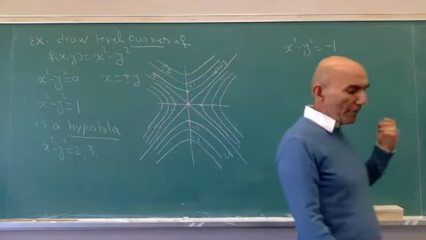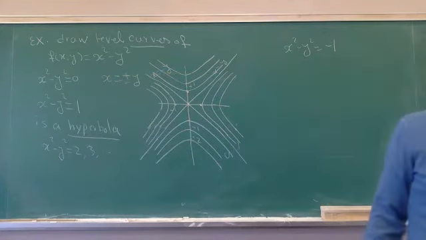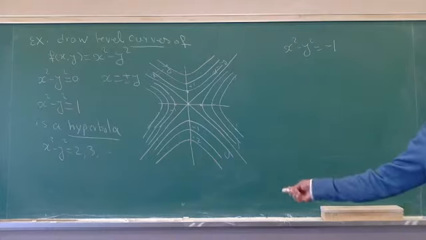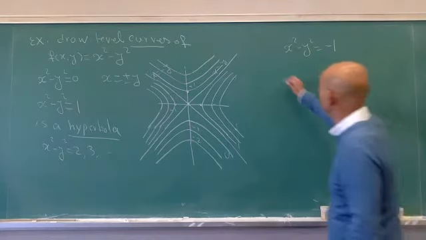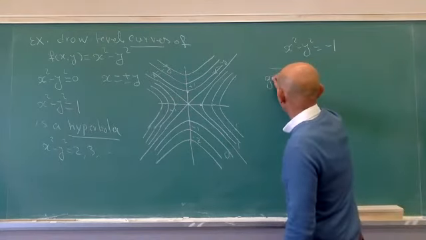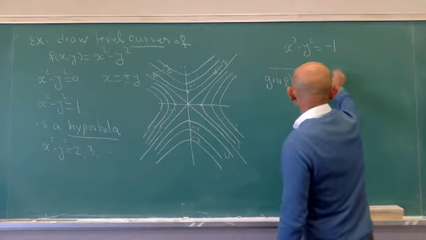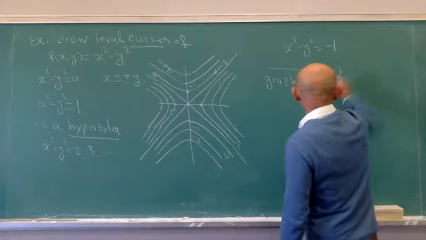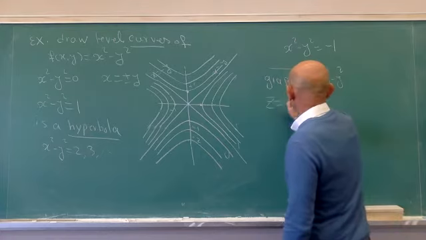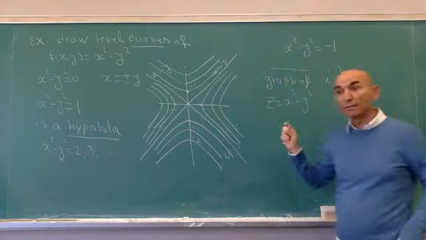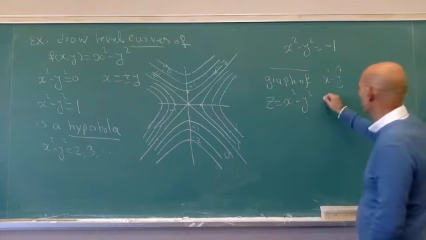But again, we can also look at a graph of the function x² minus y². So z equal to x² minus y² is a surface, right?